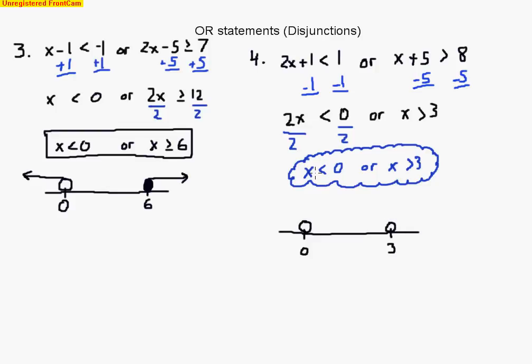So here it says x is less than 0 because it points to the x. So less means left. And over here it says x is greater than 3. So greater means to the right. So I draw lines towards the bigger numbers.